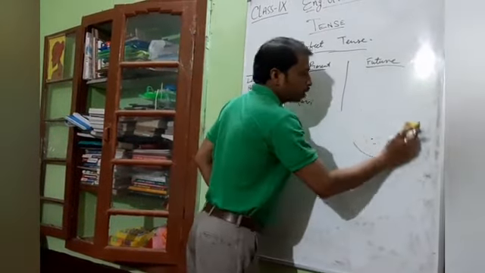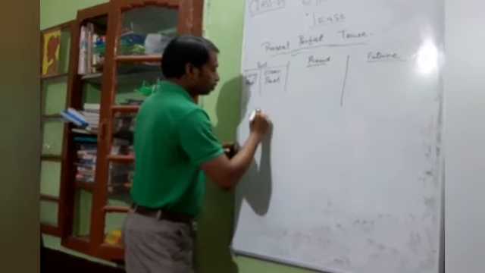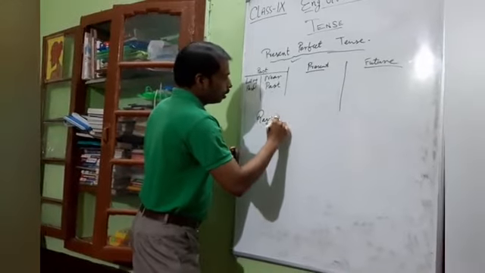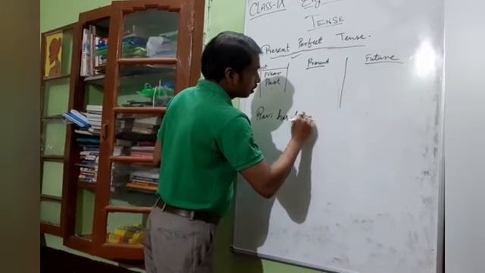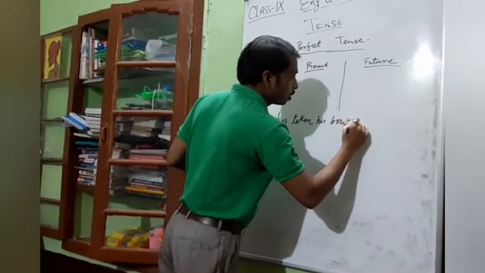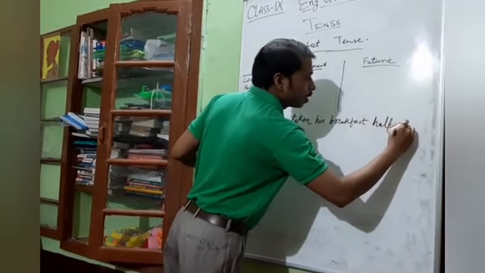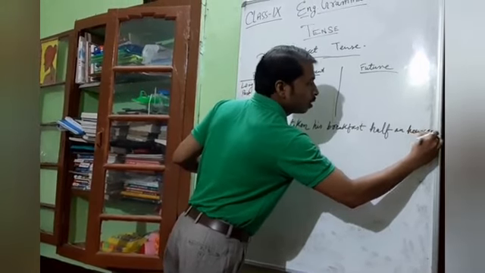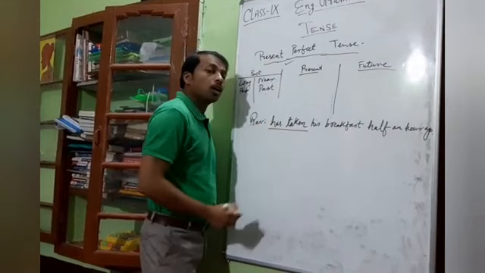So if I put it into an example sentence, I'll write it in such a way. Ravi has taken his breakfast half an hour ago.